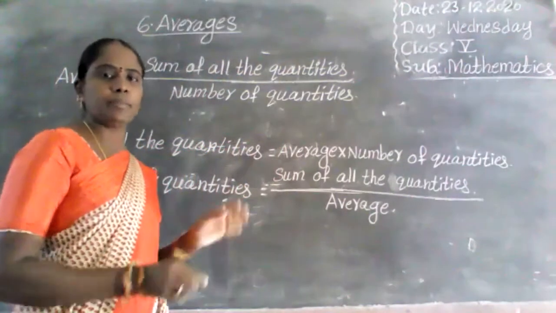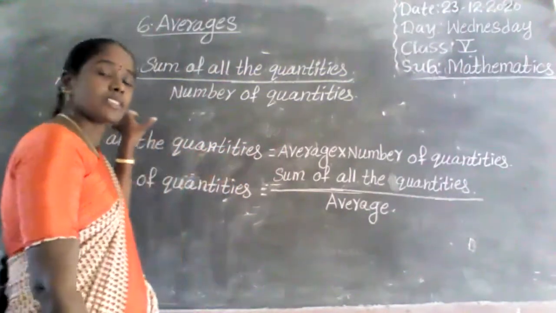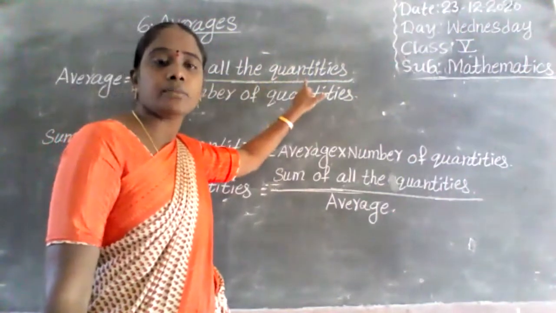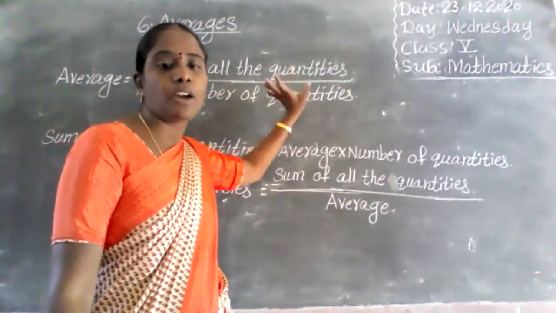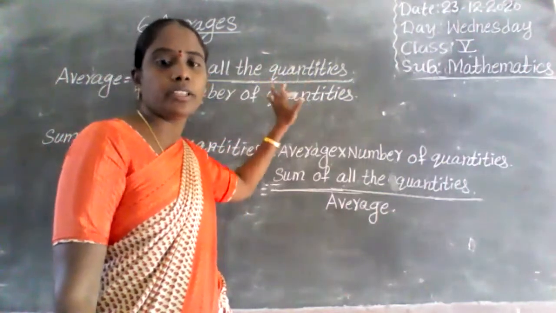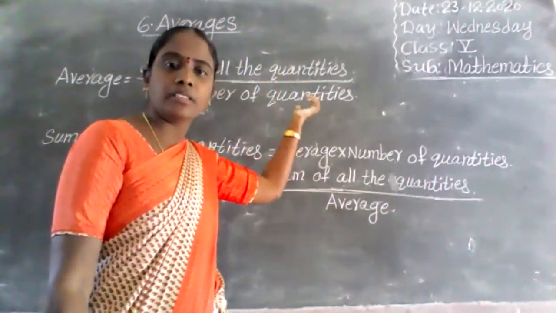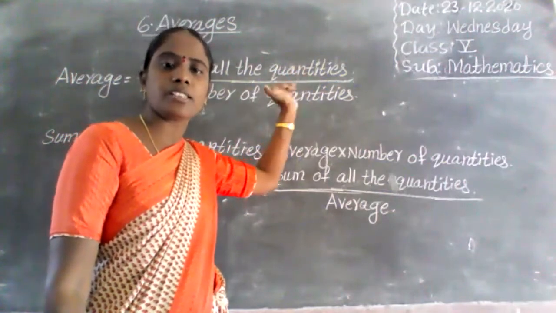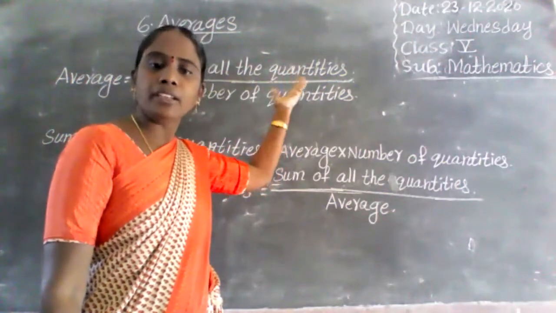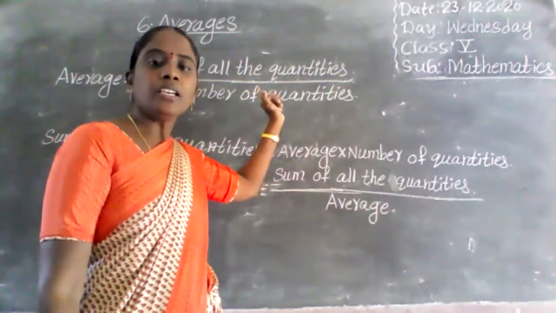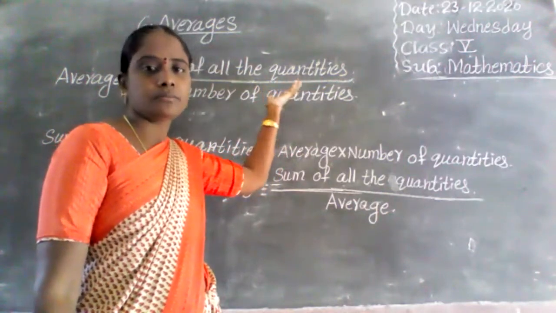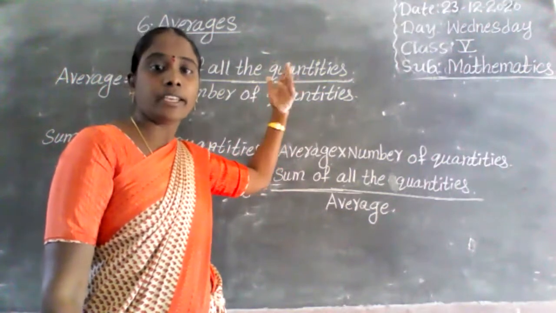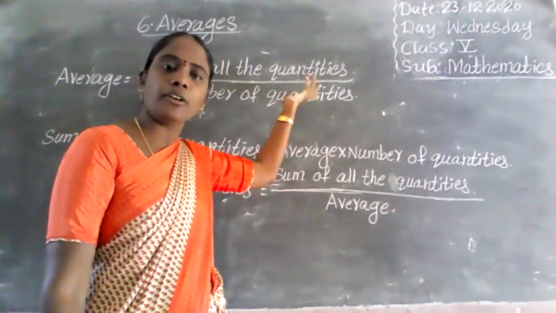Nothing will happen. First, what is the average principle? Sum of all the quantities by number of quantities. Quantities here means you write according to the problem. If weights are given, write weights. If marks are given, write marks. If subjects are given, write subjects. If height is given, write height. If runs scored in a cricket match are given, write runs.